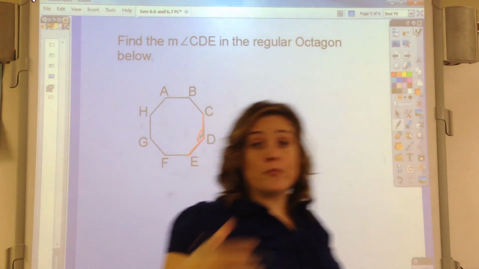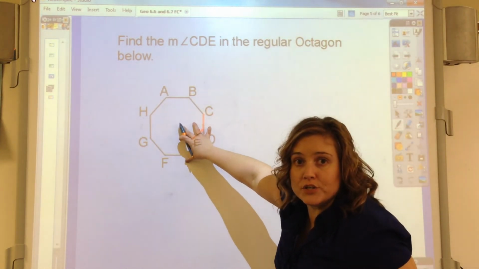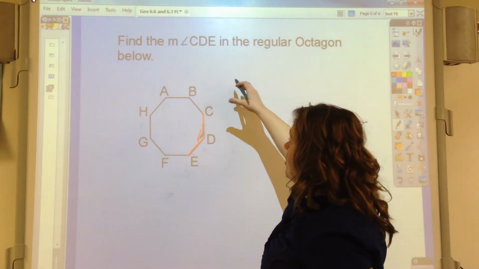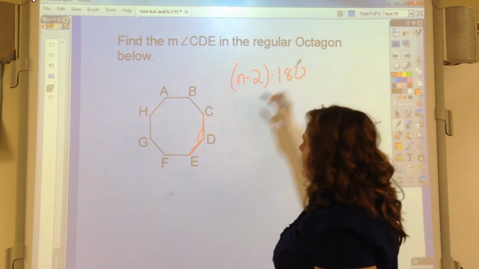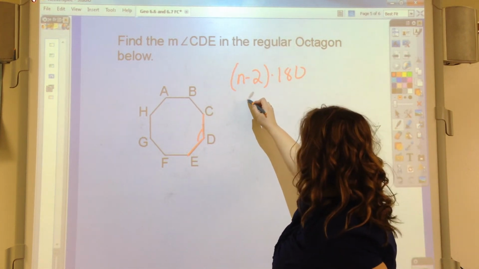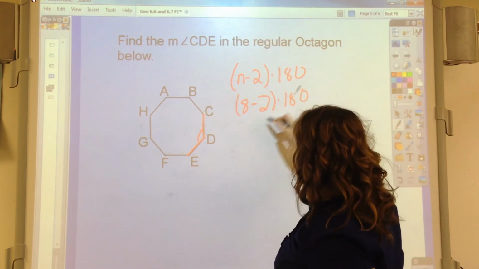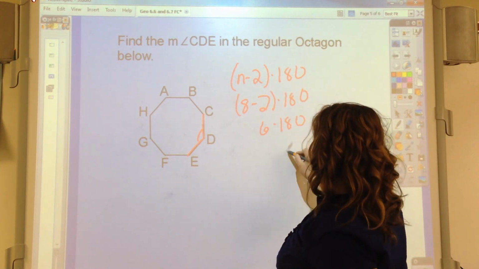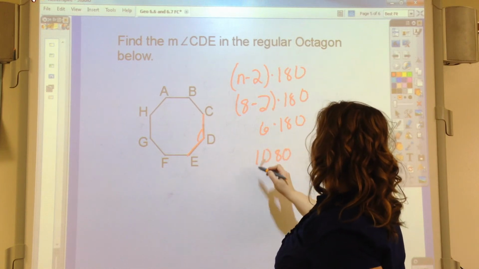Hopefully you remember from a previous chapter that we can find the sum of the degrees in a shape by doing n minus 2 times 180. And in this case, I have 8 sides, so 8 minus 2, I get 6. And 6 times 180 is 1,080 degrees.